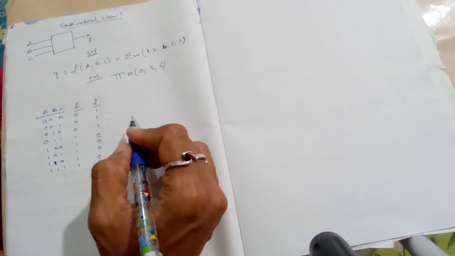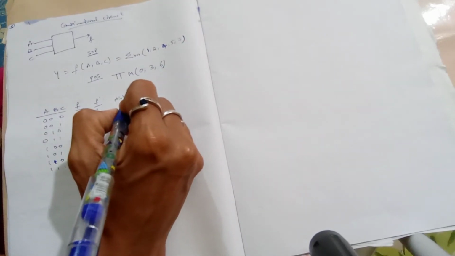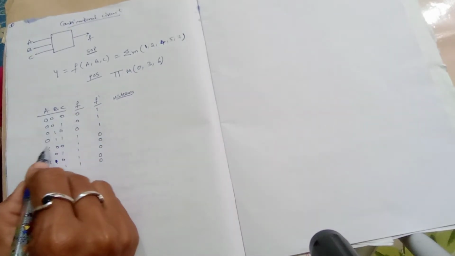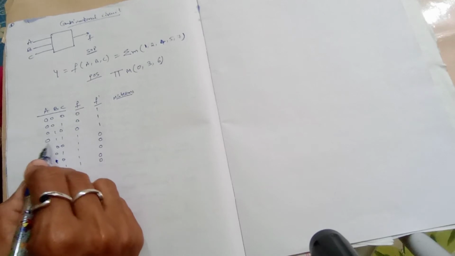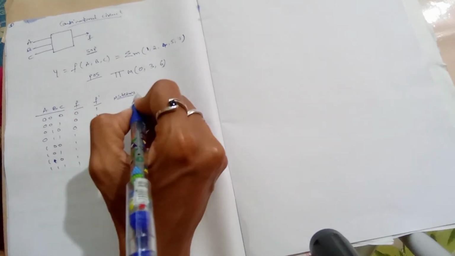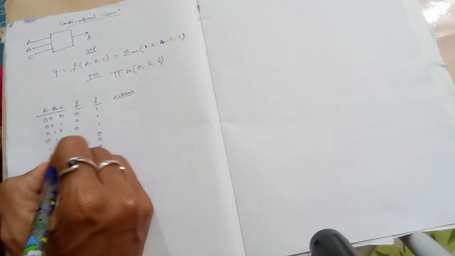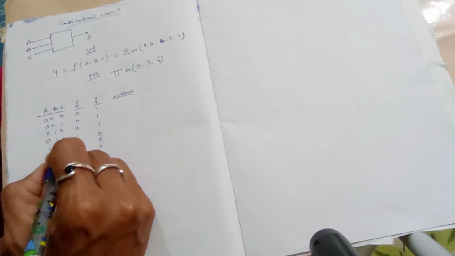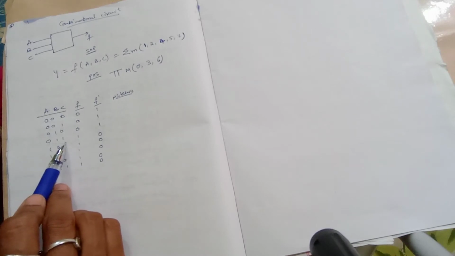How to represent this? Min terms. These are all the min terms. So min terms were written as, okay, this is one output. So we can write this min term as A bar B C, because A value is 0, B 1, C 1.